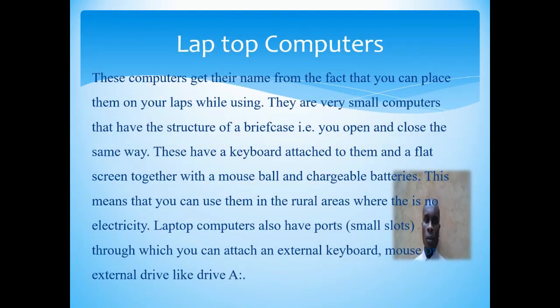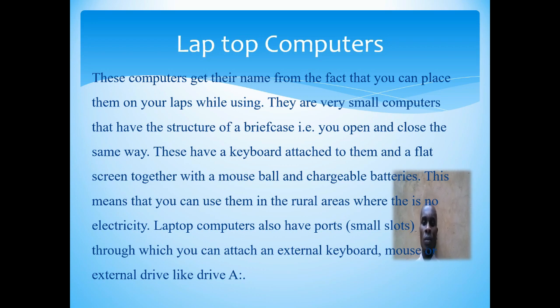Then we have the category of laptop computers, and we said that these computers get their names from the fact that you can place them on your laps while using them. They are very small in size, and they have the structure of a briefcase. You can open and close them the same way.